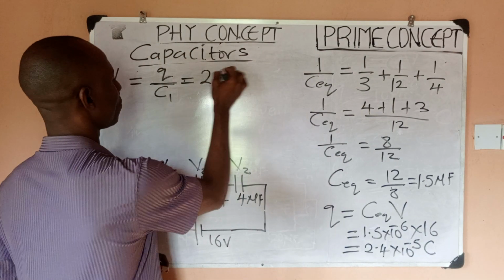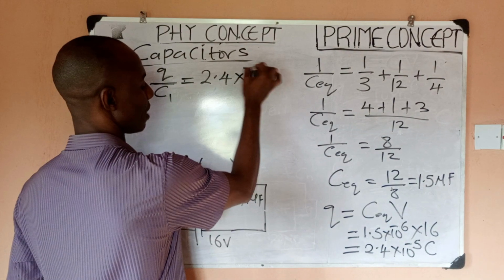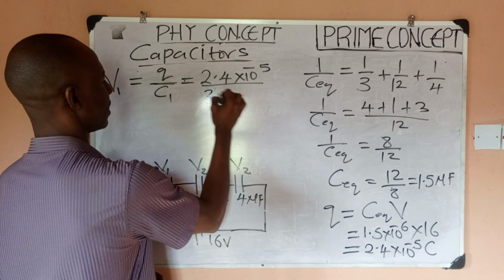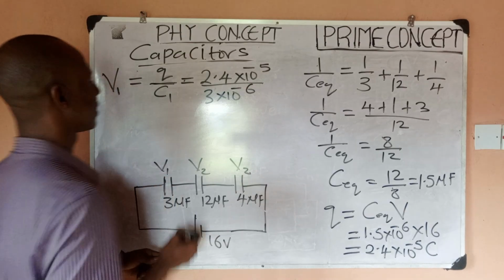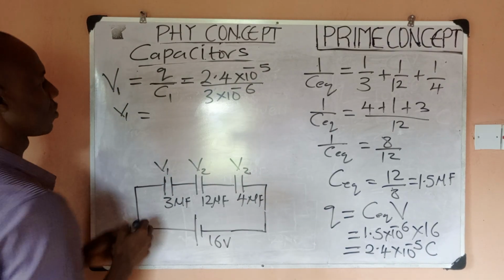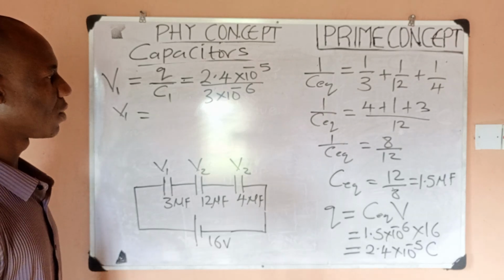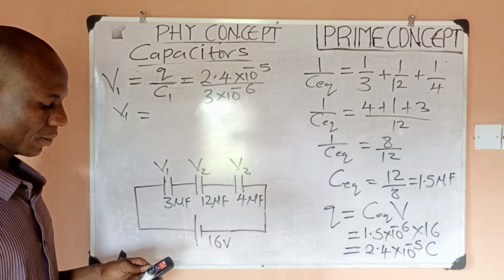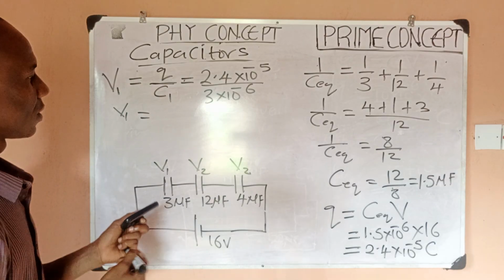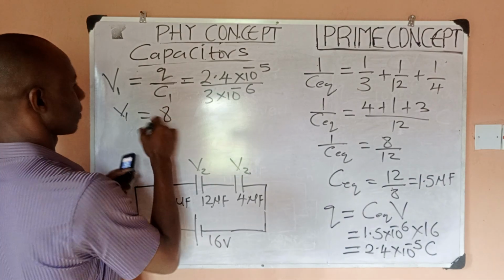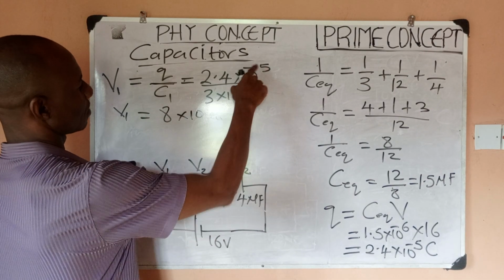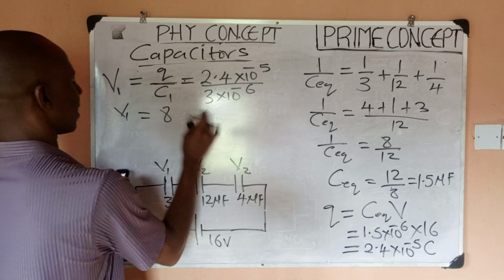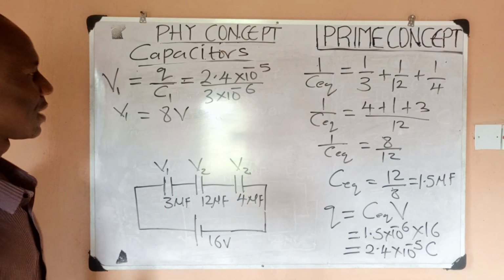My Q is 2.4 times 10 to the power minus 5 divided by C1, which is 3 times 10 to the power minus 6. So my V1 becomes what now? If I punch this, I'll get 0.8 times 10 to the power 1, so I just have 8 volts actually. So that is my V1.